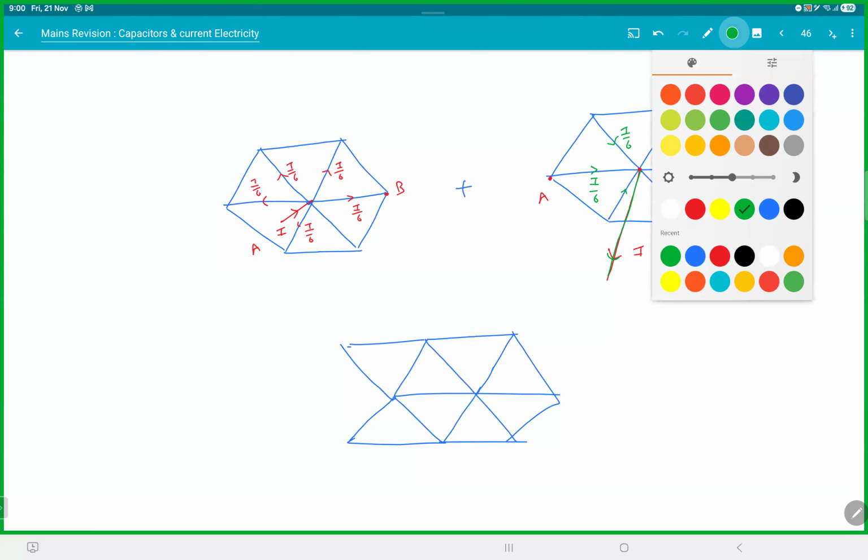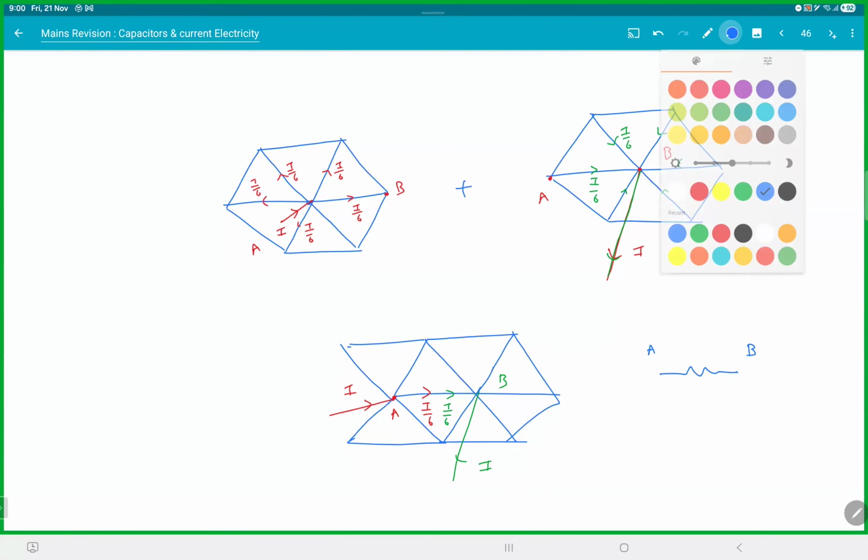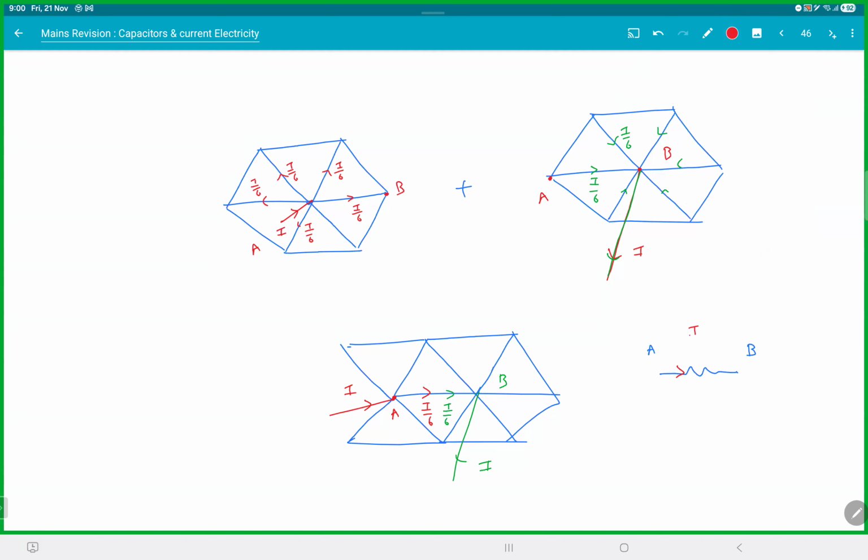So this was A. If you send current I, then you will get I by 6. And if you pull the current from B, then also you'll get I by 6 through the branch. That means in the branch which is connecting A and B, the current flowing is I by 3.